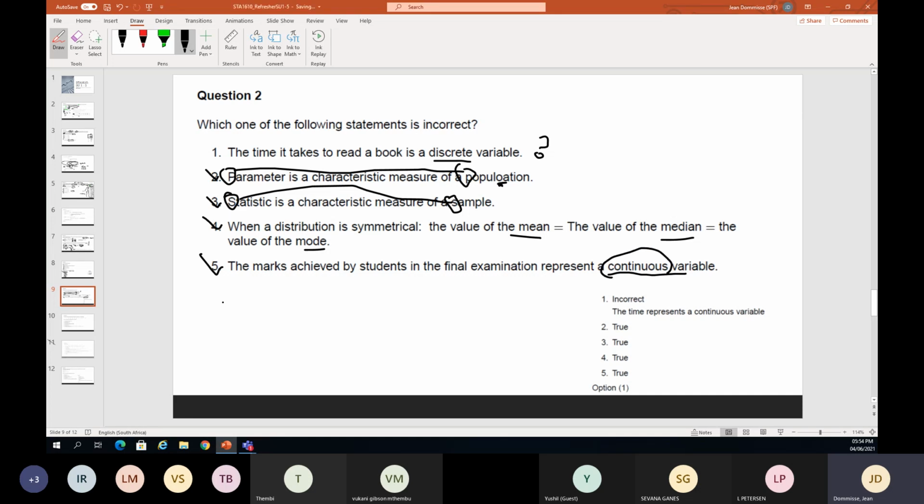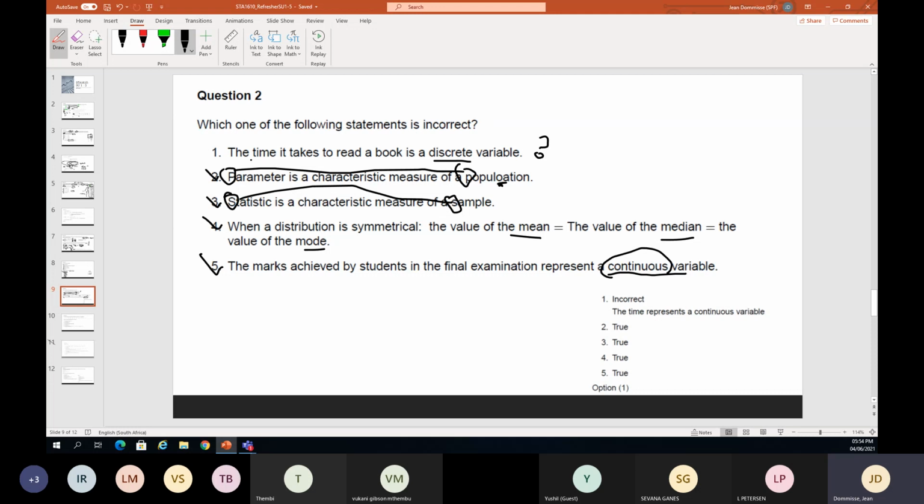It's because it is the percentage. So 11 divided by 25 or 10 divided by 25 or something like that. So it is not the 1, 2, 3, 4, 5. That is why this one is continuous, because it's not talking about you got 1 or 2 or 3 correct. It is the mark.